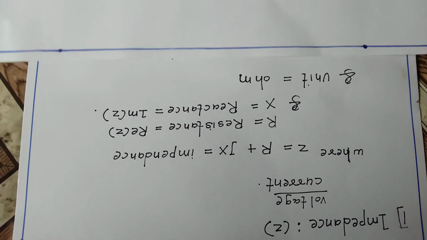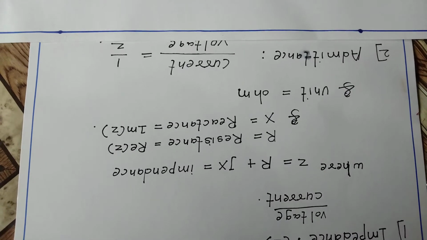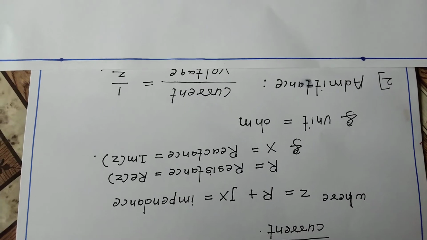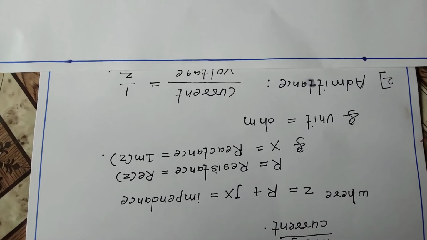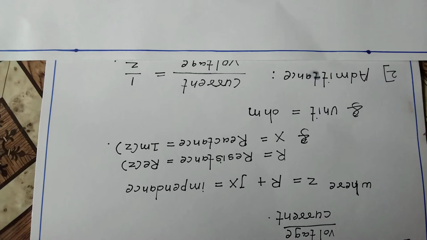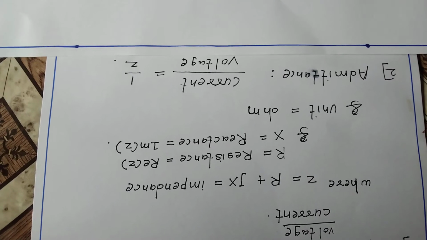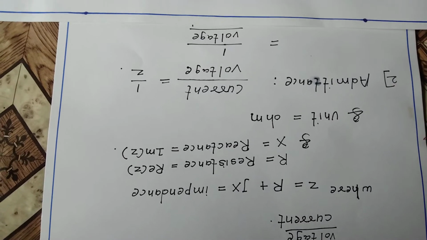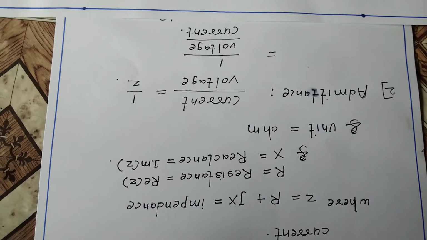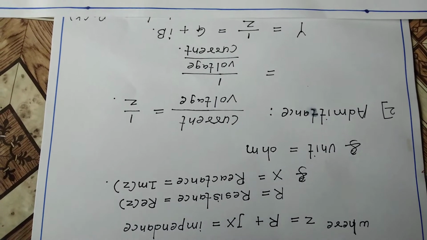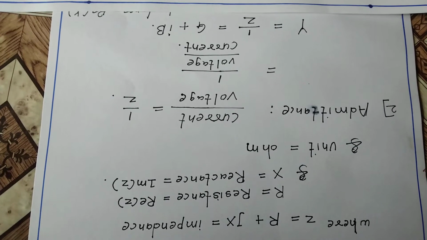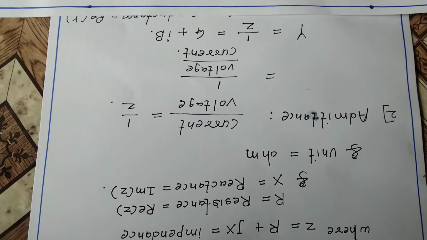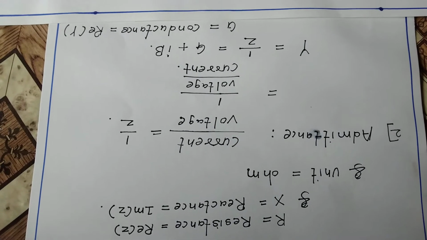The second point is admittance. Admittance is current divided by voltage. It is the reciprocal of impedance, which can be written as 1 by Z, and it is denoted by Y. So Y is equal to 1 by Z, which is equal to G plus jB.